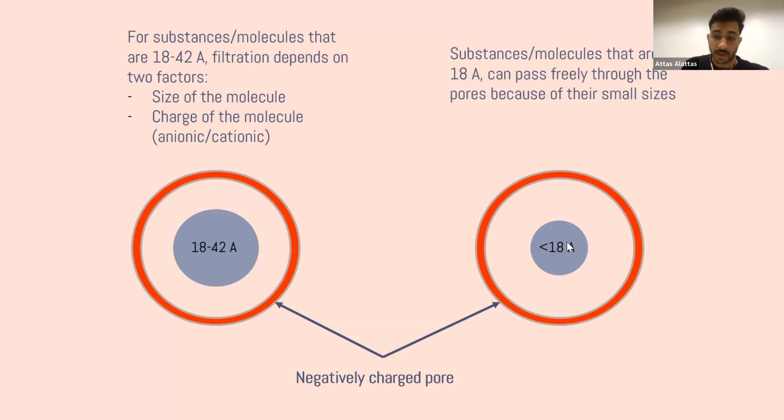So molecules that are less than 18 angstrom will be freely filtered because they have small sizes. They won't be affected by the negatively charged pore. However, for 18 to 42, the size and the charge of the molecule matters.